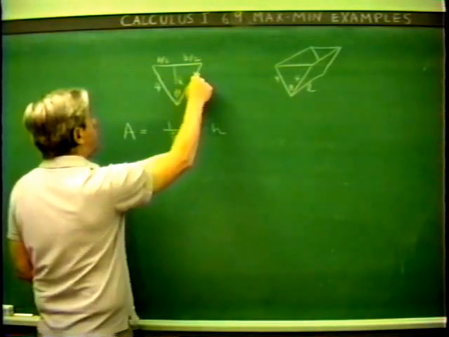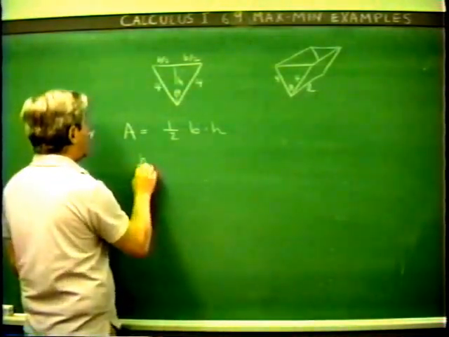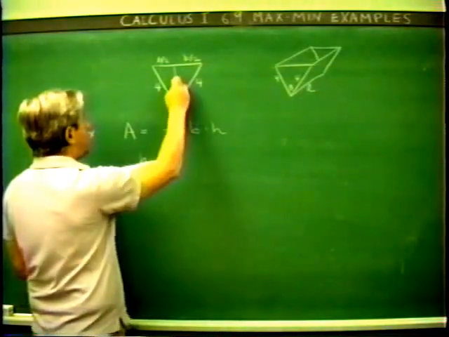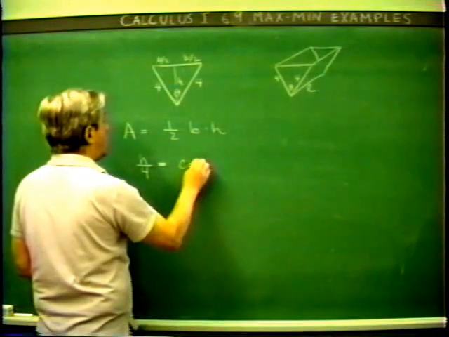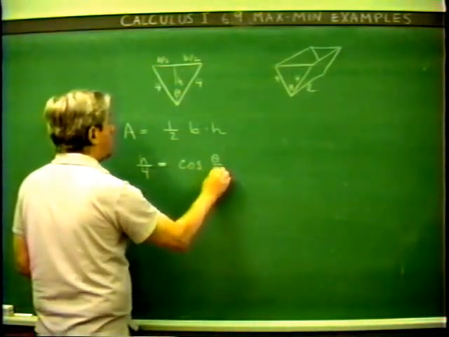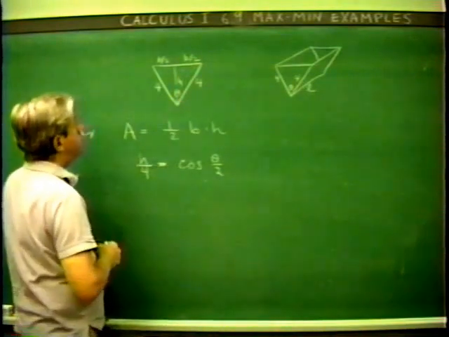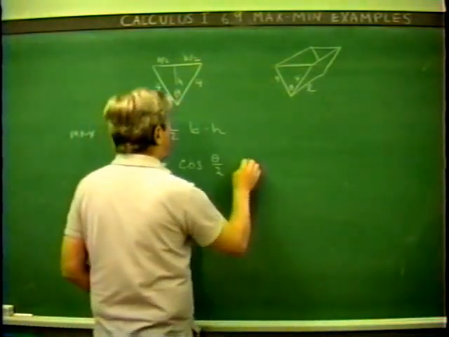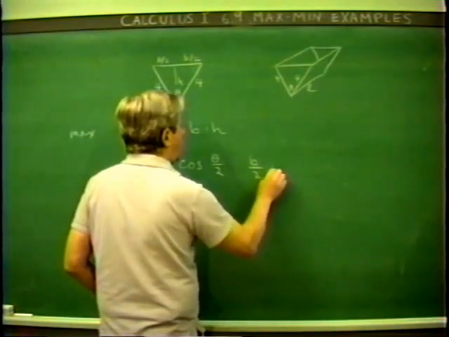Okay, and there are some other things that we know here then, right? H over 4 is the cosine of 1/2 of theta. And B over 2 over 4 is the sine of 1/2 of theta.